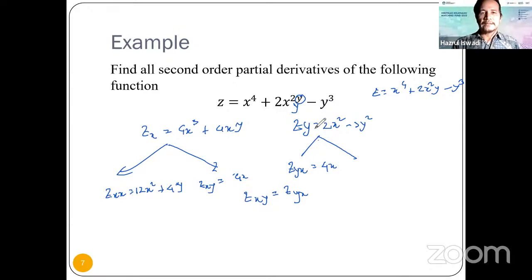Okay, the last second order partial derivative, we differentiate zy with respect to y again. So this will be 0, and this will be minus 6y.